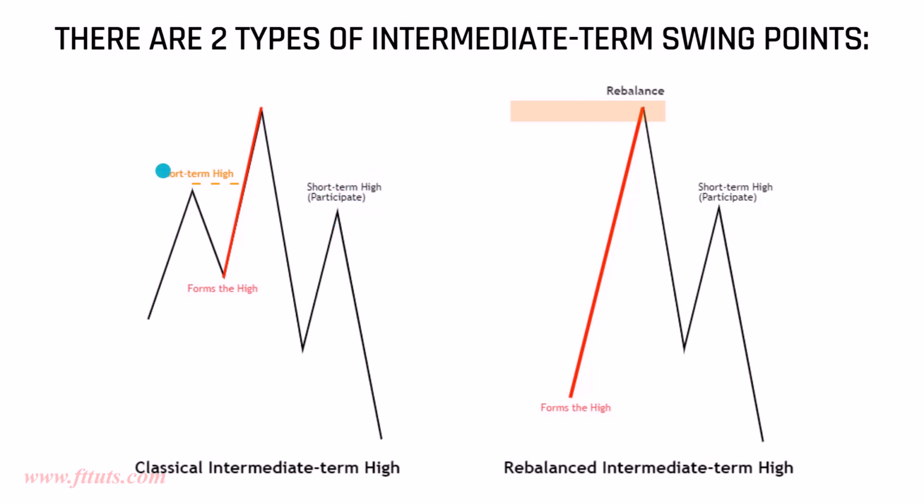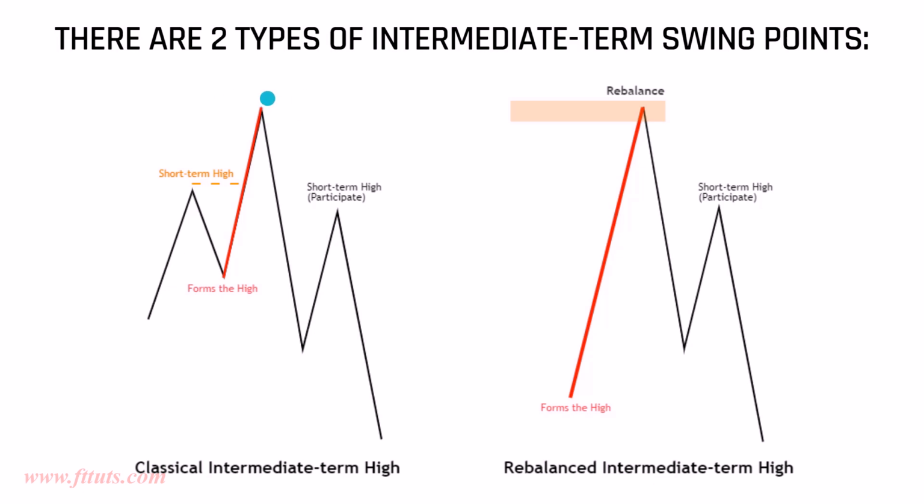Okay, so with the context and narrative, let's imagine the context and narrative is bearish. We have a framework established here. We want to participate then on the short term high, expecting this high not to break, since it's going to form an intermediate term high.